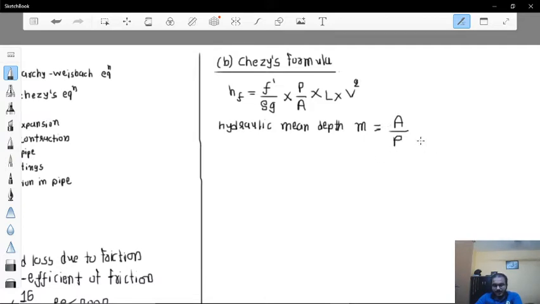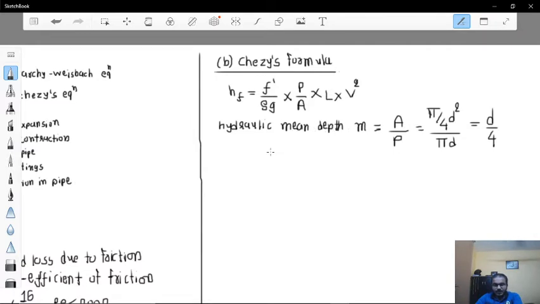And in this case, here we can write down this as pi by 4 d square upon pi d. So here you will be getting this answer as d by 4.